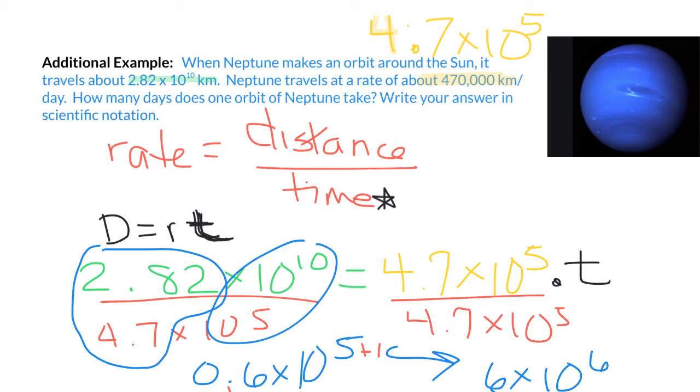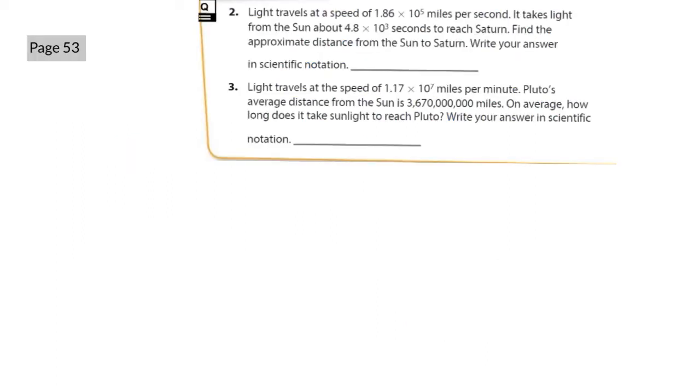And how many days? That's how many days. I know you're going, this is crazy. This is so difficult. Well, keep in mind that you're just doing one piece at a time here.